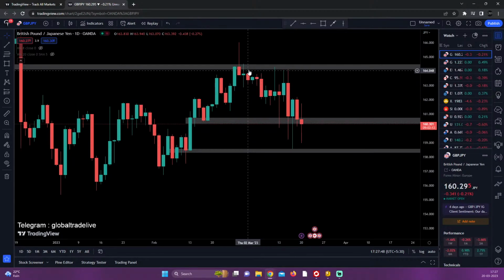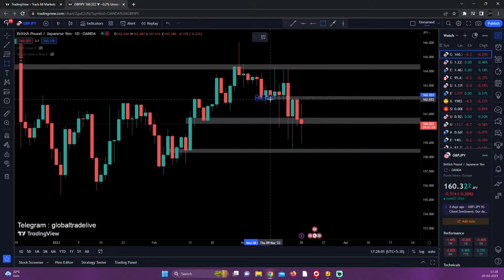We can clearly see that, and after that it came all the way down by breaking the support zone, this zone over here.